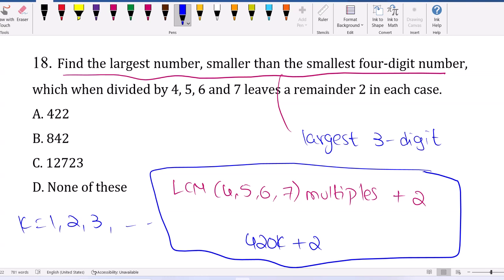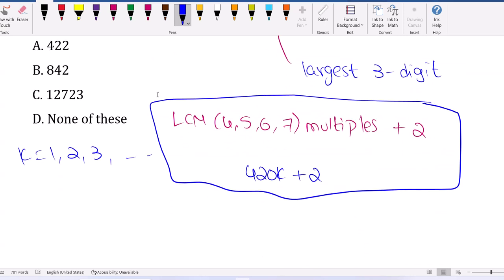If you put K value 3, that is 1260, and we will enter into four-digit numbers. But the question says find the largest number smaller than the smallest four-digit number, so it is nothing but the largest three-digit number. I have to put K value 2 here.